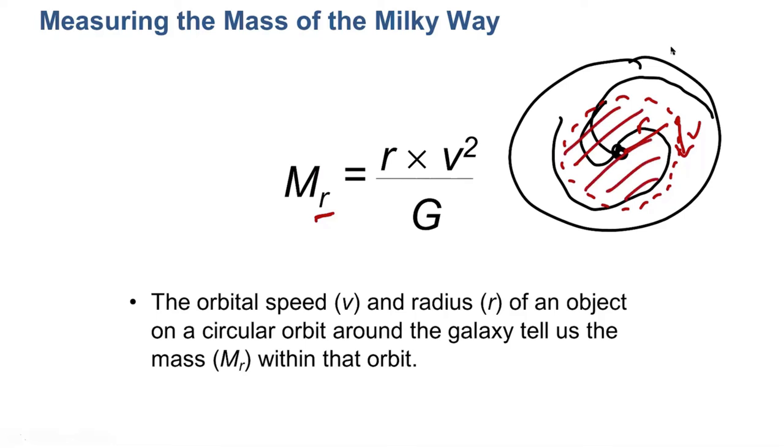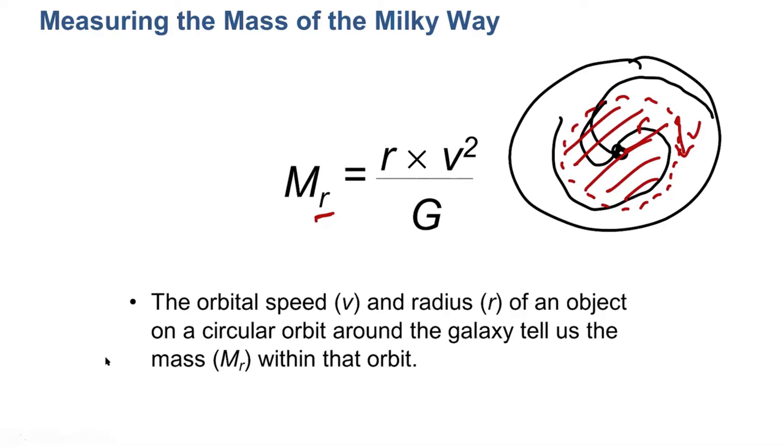So that's what this subscript r means, the mass within that orbit. But this not only gives us a chance to measure the total mass of the galaxy, it gives us a chance to measure the mass distribution of the galaxy. If we can measure the velocities of stars at lots of radii, we can get the mass interior to all of those radii and see not only the mass of the whole galaxy, but how it's distributed throughout the galaxy. And that's useful.